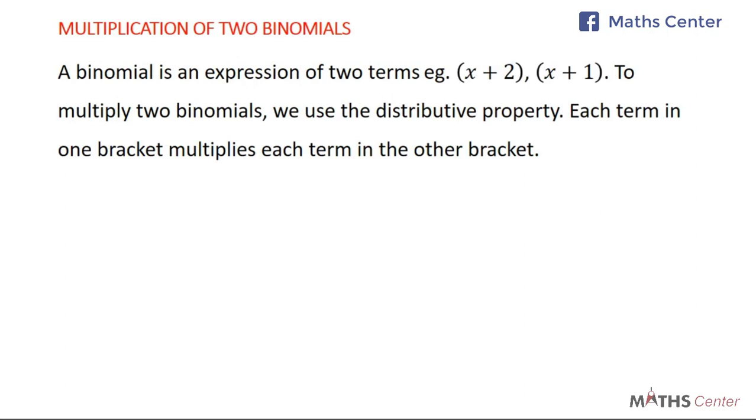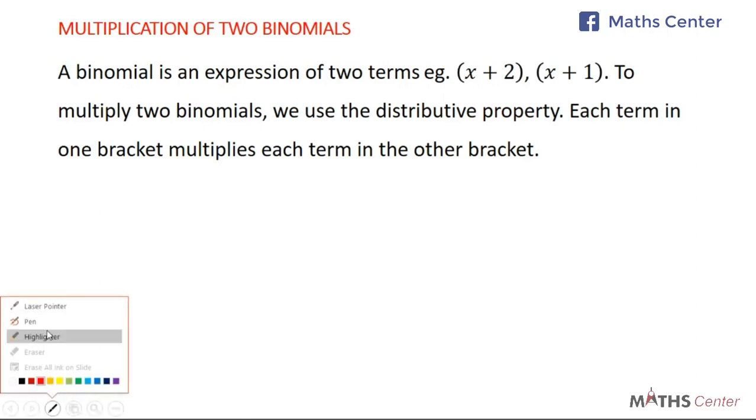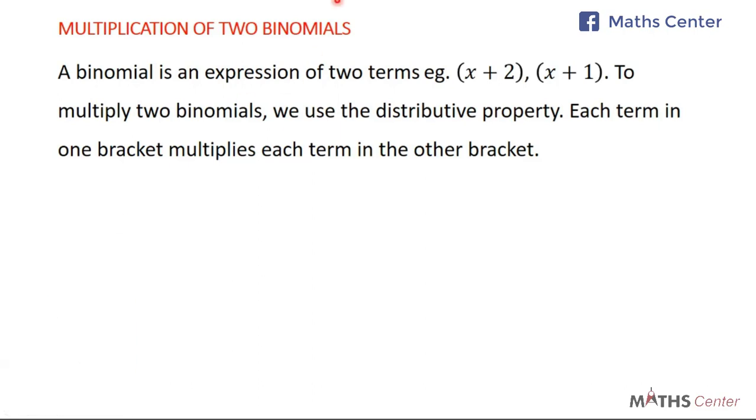What is a binomial? A binomial is an expression of two terms. So, for example, x plus 2, x plus 1. We can see from this example that in the first bracket we have x plus 2. We know that x is a term and 2 is also a term. So we have two terms.